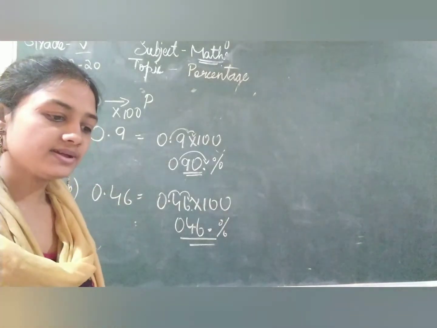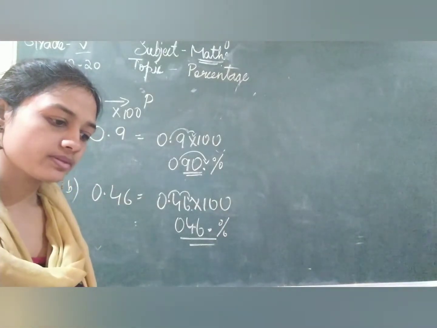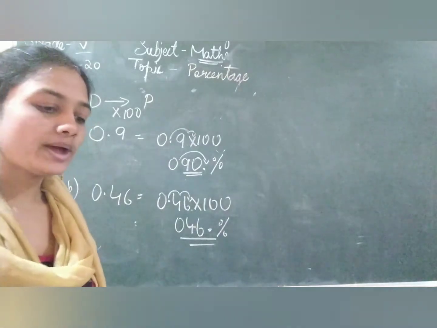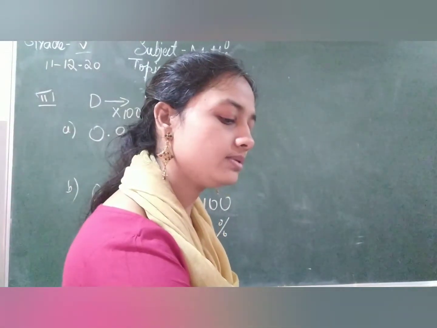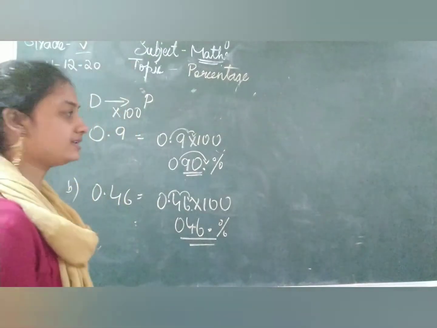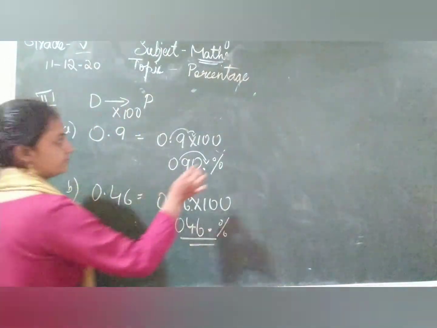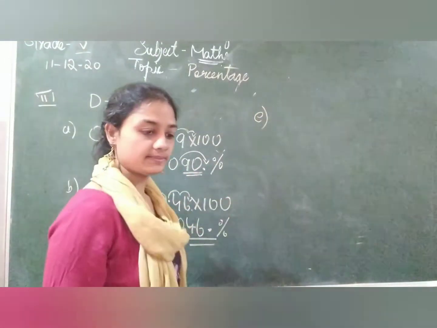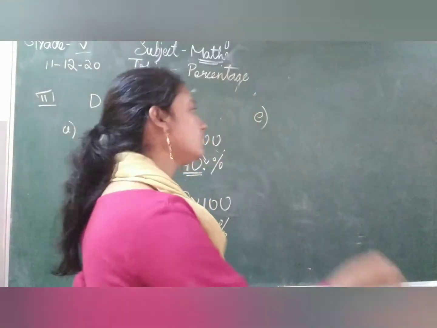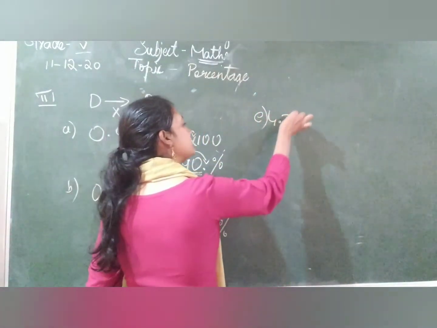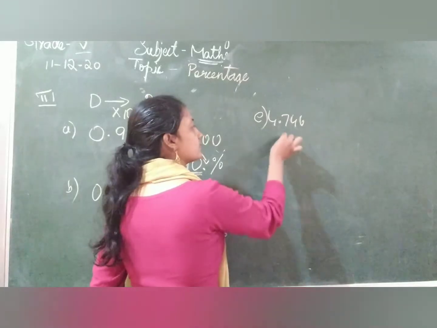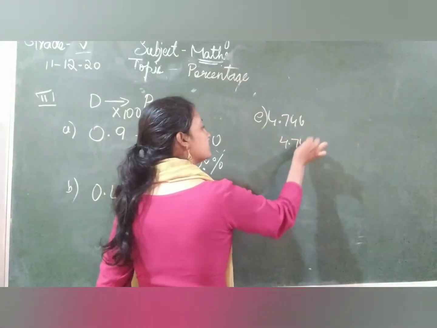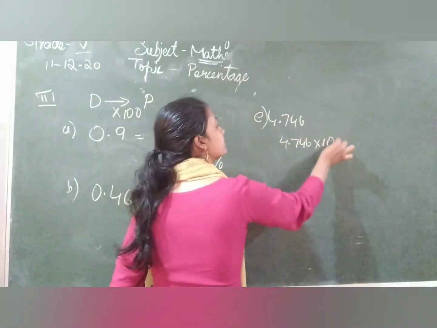Okay, let me take a difficult sum now. So I see there is no difficult sums. E is a little different. So let me take the E. Question E. 4.746. 4.746 into 100.